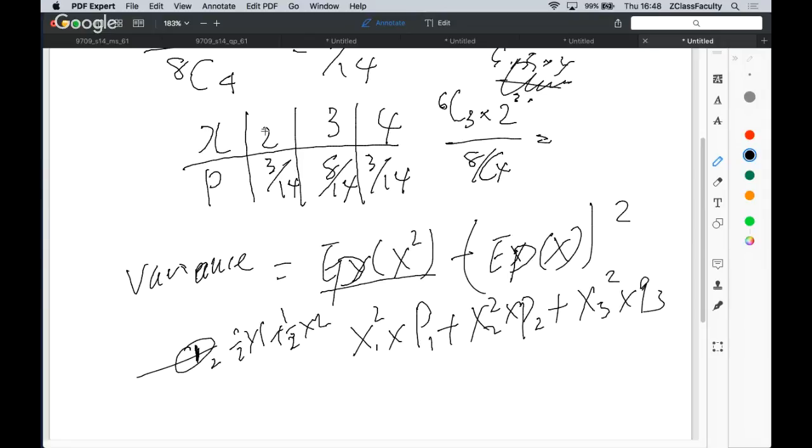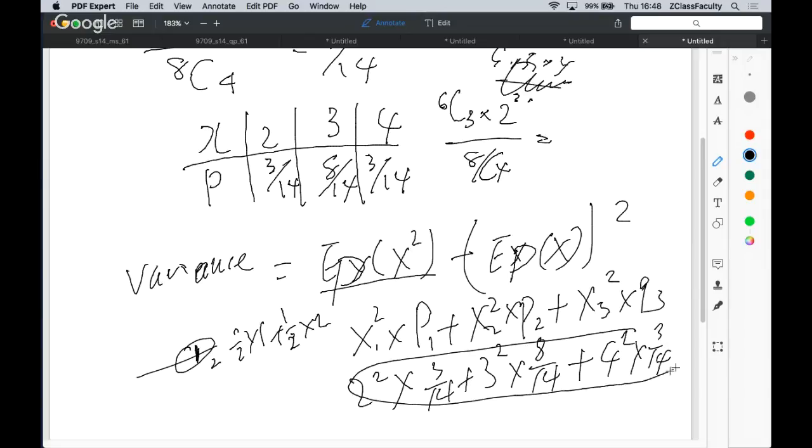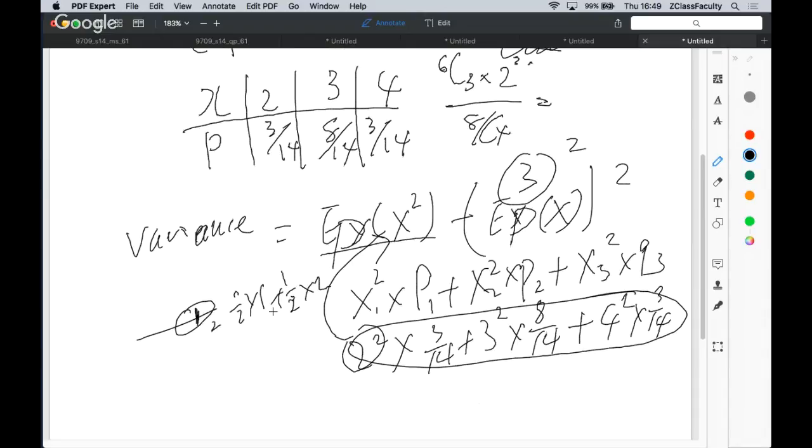The first is 2, so it's 2 squared times 3 over 14, plus 3 squared times 8 over 14, plus 4 squared times 3 over 14. Then you minus the expected value of x, which is 3, given in the question, squared. As long as you know the definition of variance, it's easy to calculate.